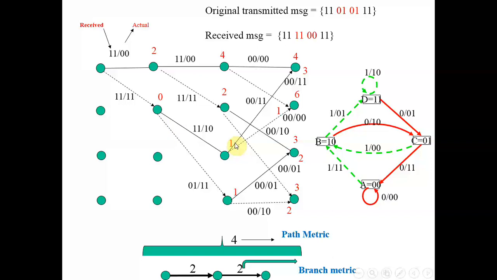So I have come to this point. Now imagine that you might have taken this path, B to D. If I go from B to D, my expected output is, actually I have written this the opposite way. This should be 1 1 and this should be 0 1. 0 1 is the expected output and 1 1 is what you receive.